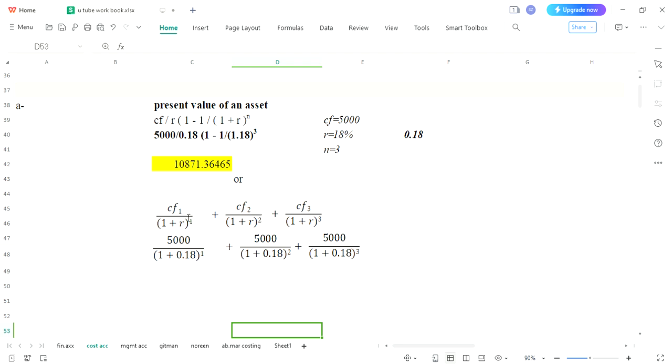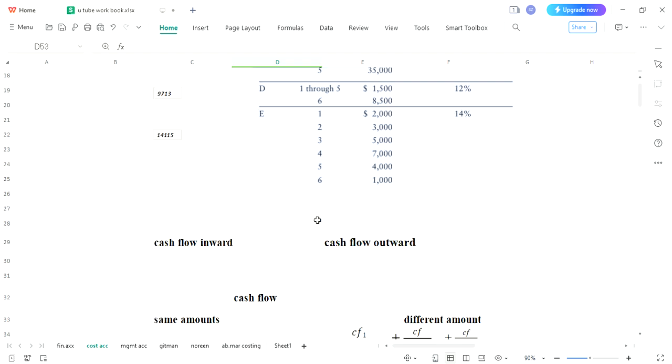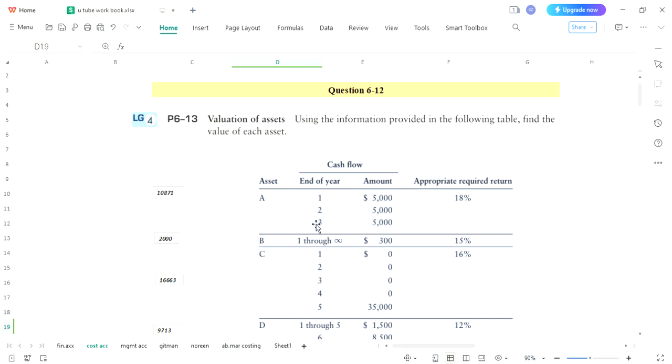The only thing you are changing is the values. Formula is same, CF divided by 1 plus R raised to power n. This is the formula, and you will continue to write this formula to the extent of the number of years. For first part, as you can see, we do have three different cash flows, 3 years of cash flows, and we have same amount.